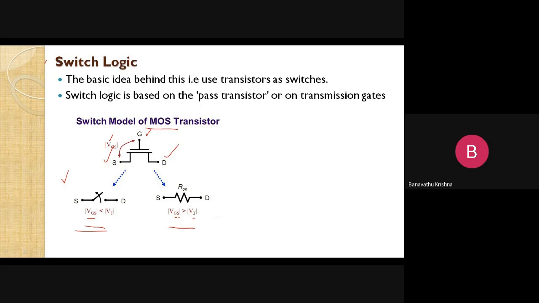Let us see the points here. The basic idea behind this is to use transistors as switches. The switch logic is based on the pass transistor or the transmission gate.